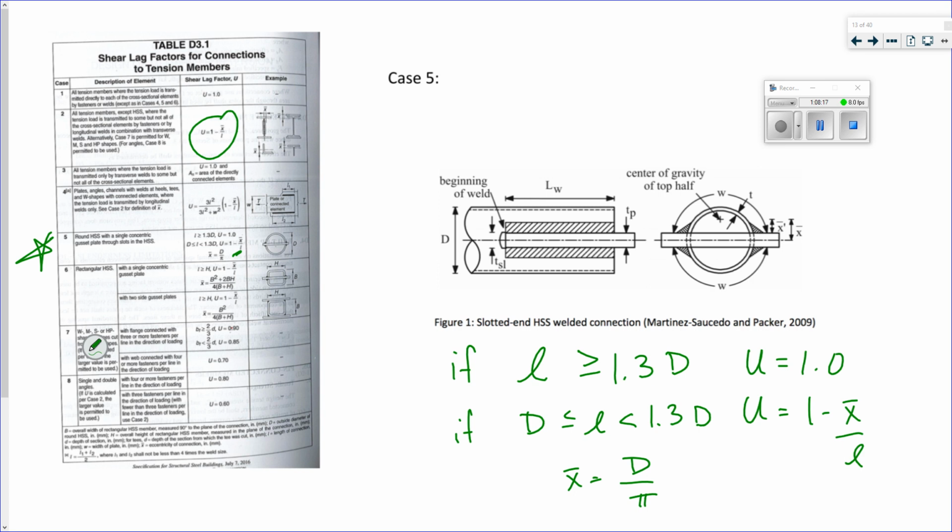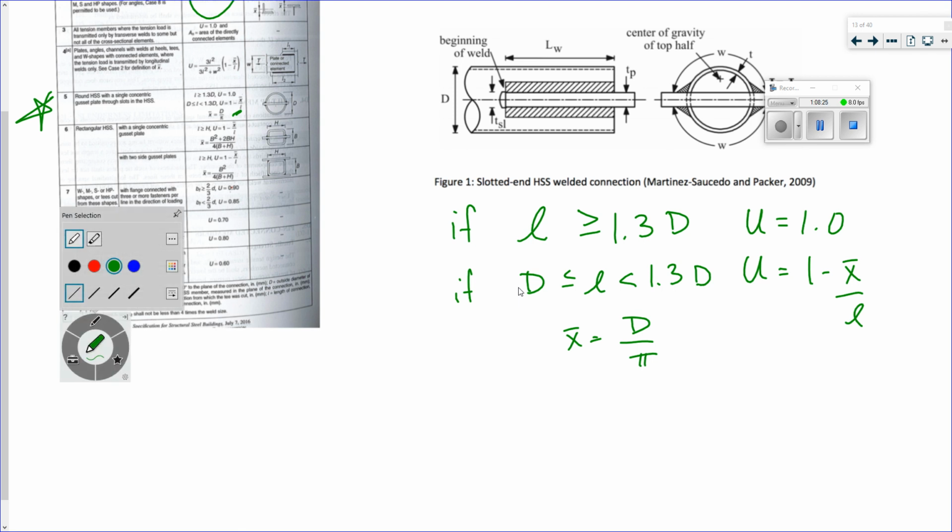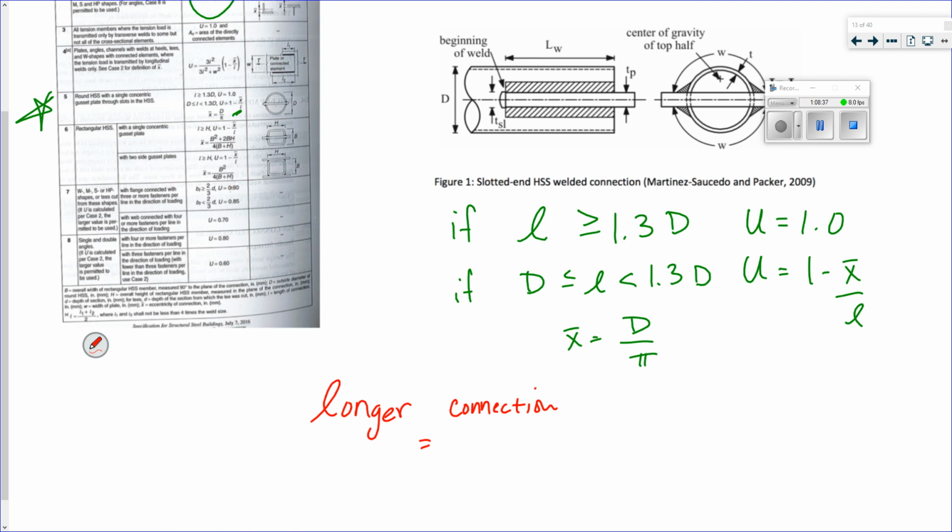If you have a longer, right, this goes along with what we've talked about before, longer connection equals higher shear lag factor.